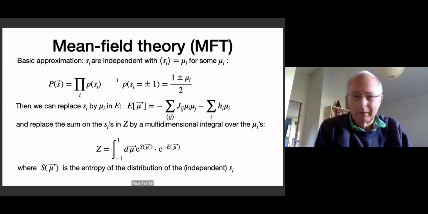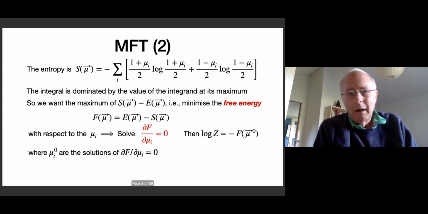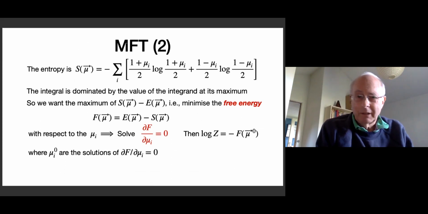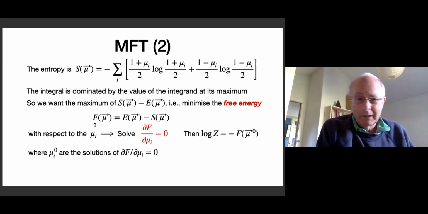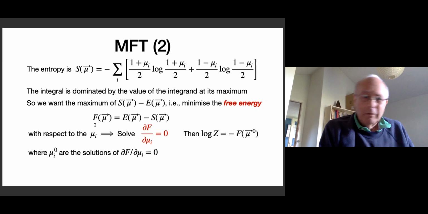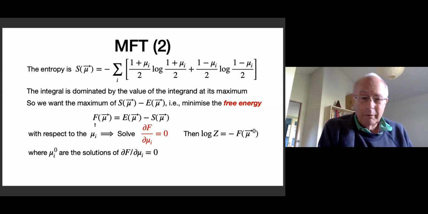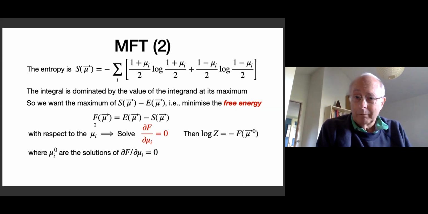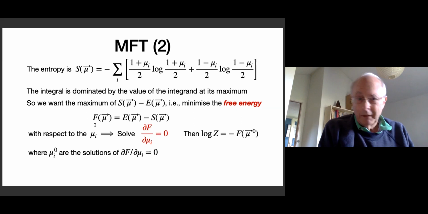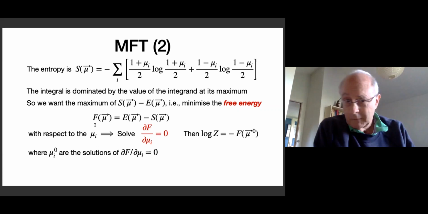If I go back to this, the maximum is S of mu minus E of mu. So we want the maximum of S minus E, or the minimum of what we call the free energy, F equals E minus S. So how do we find that? Well, we solve dF d mu i equals 0, that's n different equations in general. We solve them for the mu's. Okay, so if the mu zeros are the solutions of those equations, then the log of Z is just minus F of mu zero.